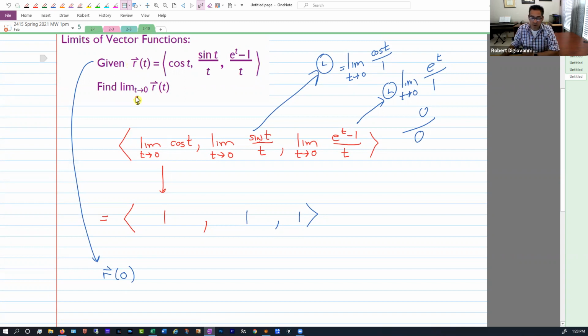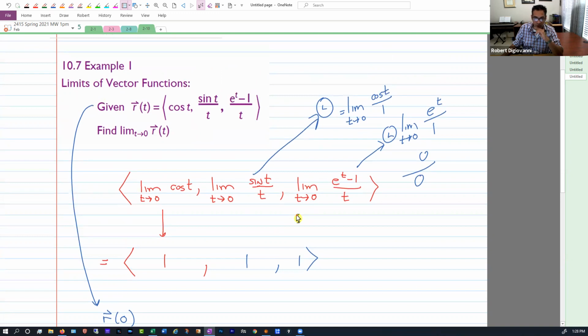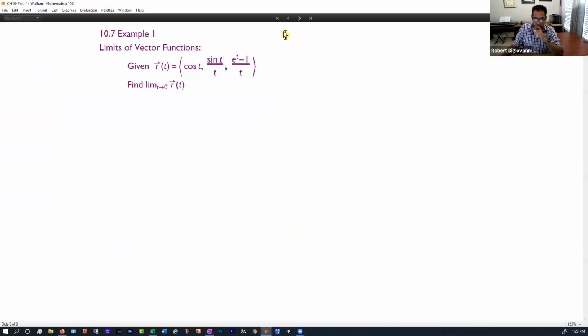As you get closer and closer to 0, the vector function will be spitting out vectors that are getting closer and closer to 1, 1, 1. You can't plug 0 in, but in the limit, this is where it's headed. Any questions?